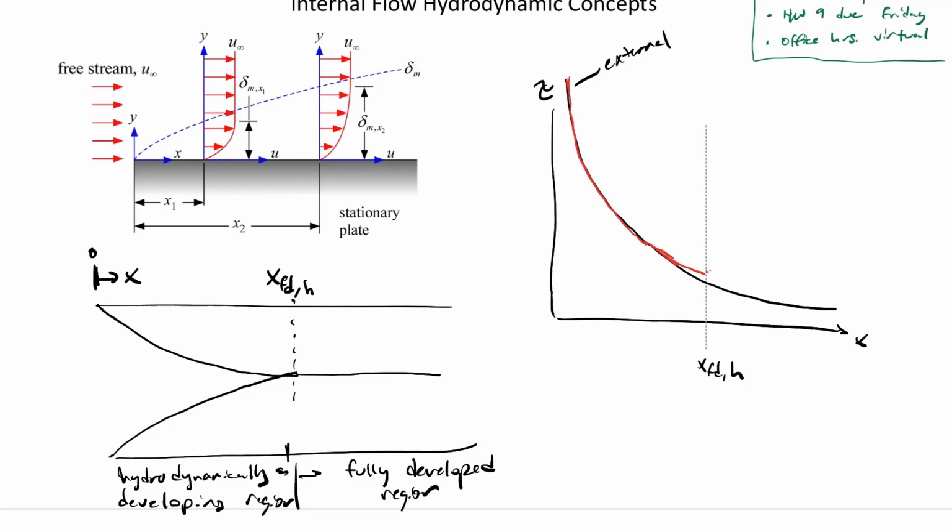So you get a constant shear stress in the fully developed region, because you physically can't expand the boundary layer anymore. So this is internal flow here, and this was external flow up here. And when this happens, now you have to think about different relationships for internal flow for that region.